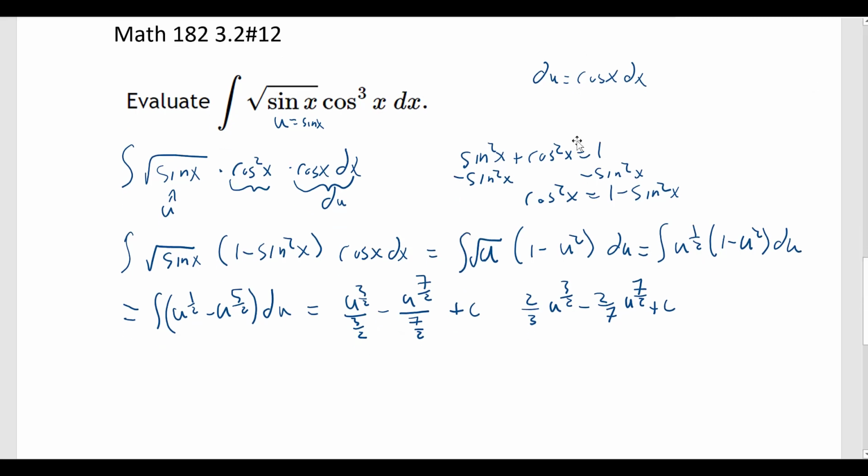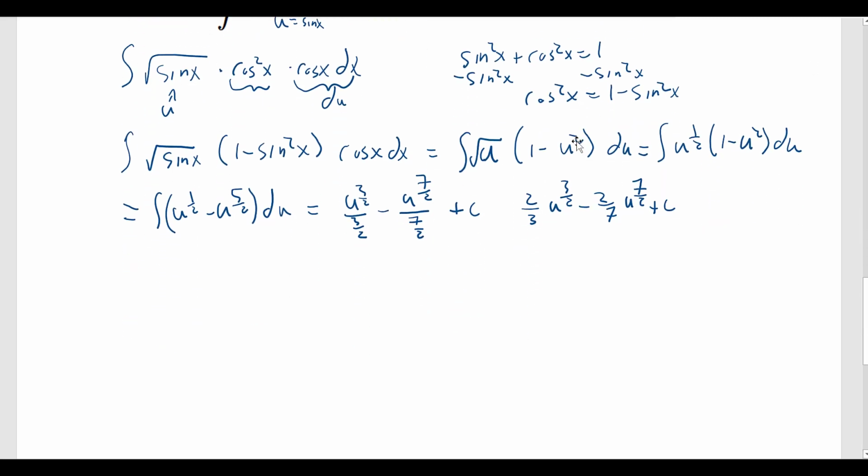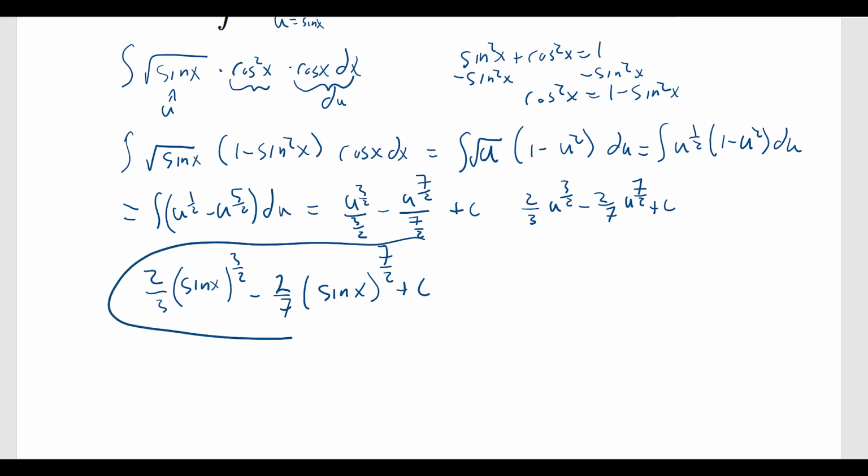And now substituting back, what was u? 2/3 of sine x to the 3/2 minus 2/7 of sine x to the 7/2 plus c. And that's it. Okay, hope that makes sense.